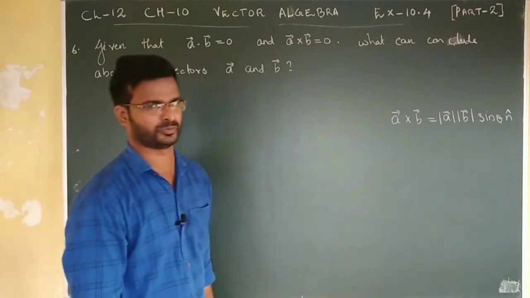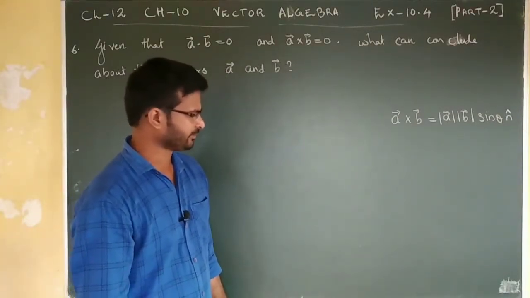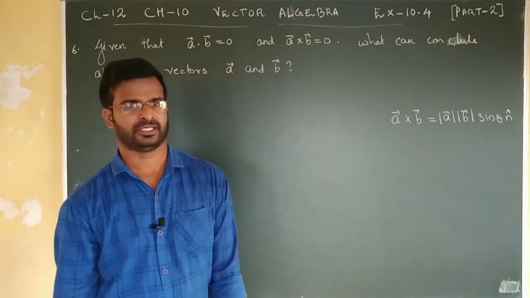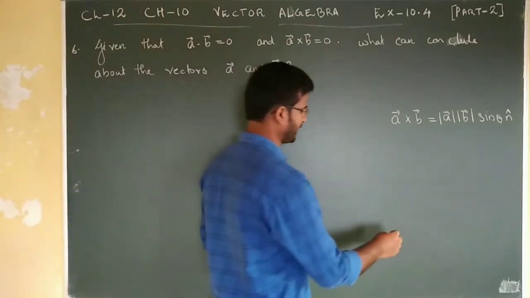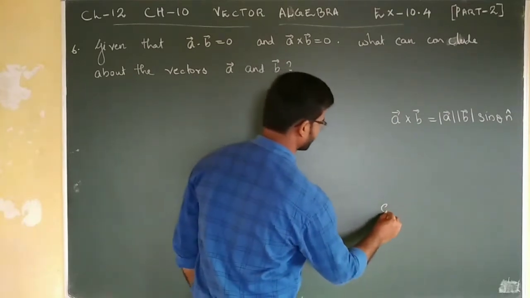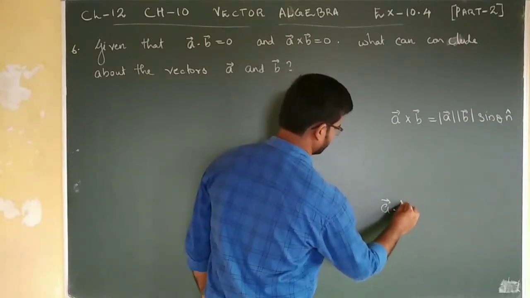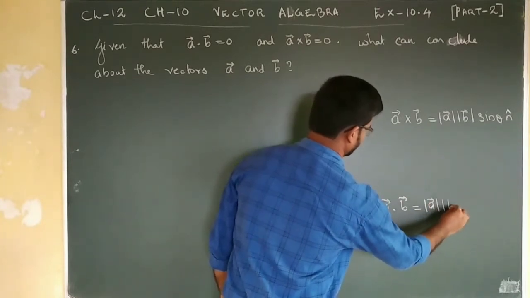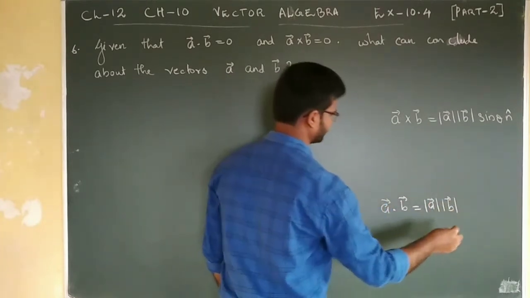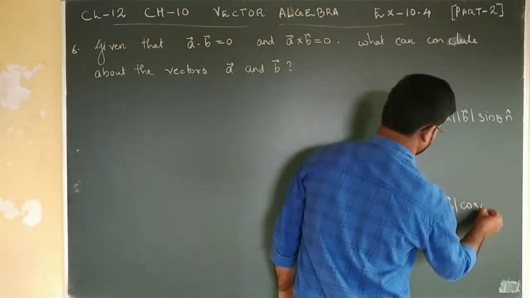This is the cross product. Then in the previous exercise 10.3 we studied the scalar product also. Scalar product means A vector dot B vector equals modulus of A vector times modulus of B vector cos theta.